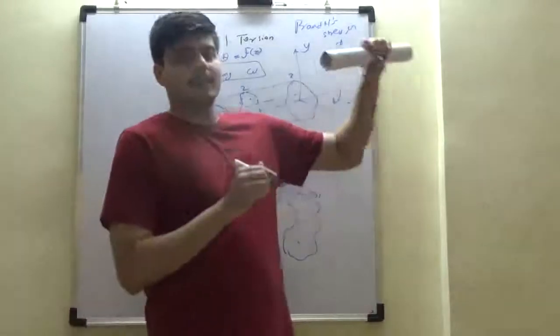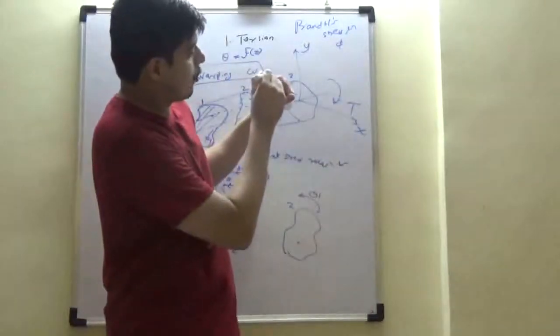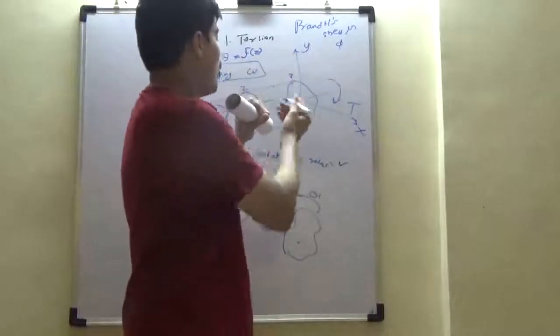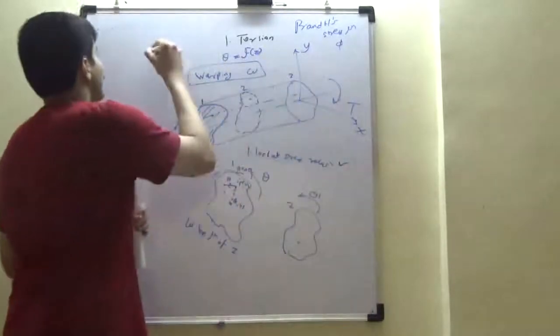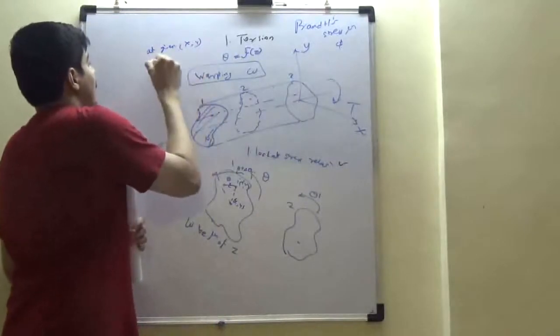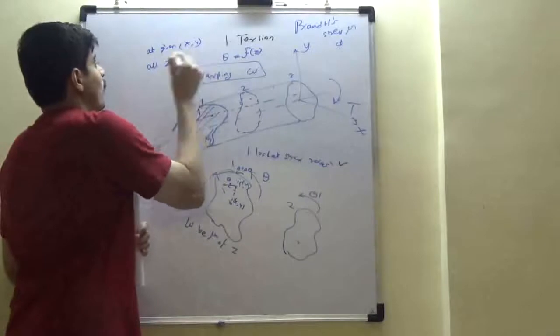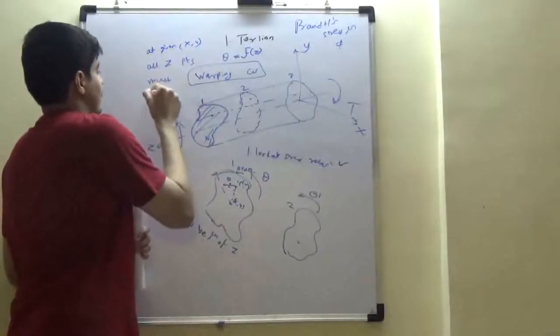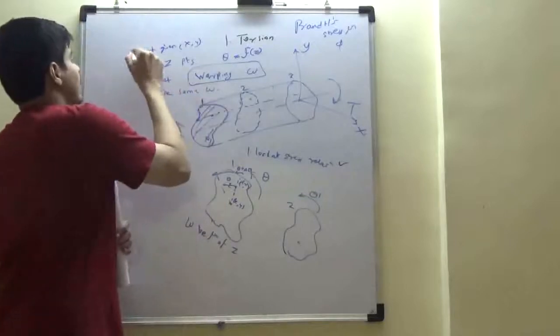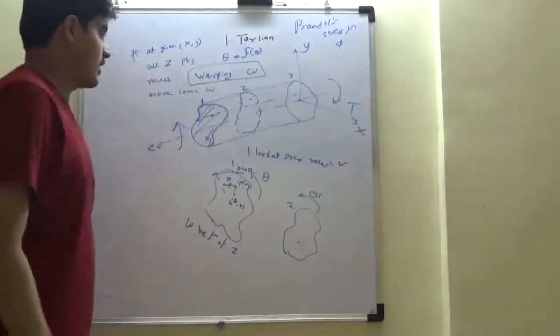So what I am doing is, for this section I am looking at one point here, right? This point and all the further downstream points of constant x and y. So at given xy, all Z points must move same W. I am making this statement.